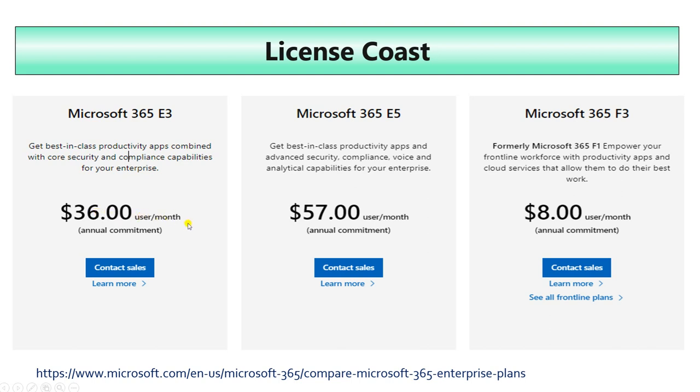And if we go for the E5, that is $57. Here there is also the Office license, Microsoft 365 license, that will not be used for Defender, but I included it. So you need to use only the E3 or the E5 license if you want to manage Defender. The E3 costs $36 and the E5 license costs $57.